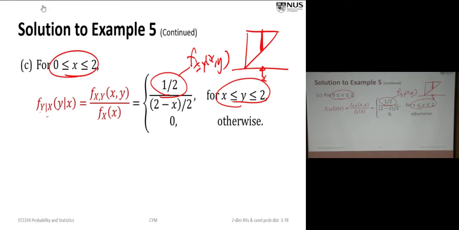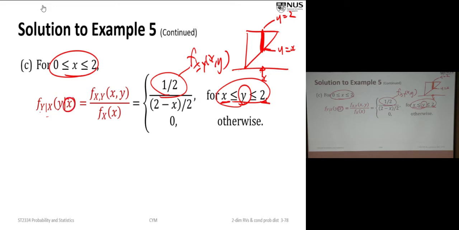Remember, you are talking about the conditional of y given x. So given x here, your joint distribution is valid for this region. This region is with y equal to x up to y equal to 2. Therefore, y has to be between x and 2 for a given x.